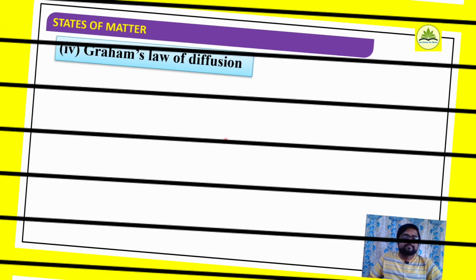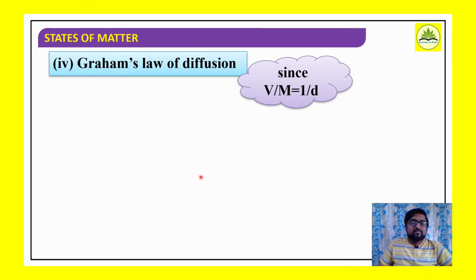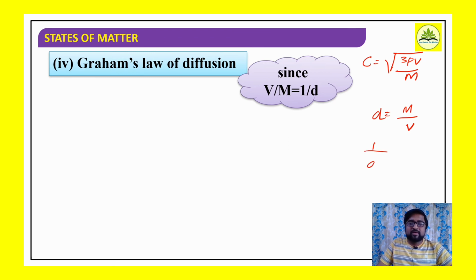We got this expression: c is equal to the square root of 3PV divided by M. Now what is density? Density is equal to mass divided by volume. If I consider 1/d, it is nothing but volume divided by mass.